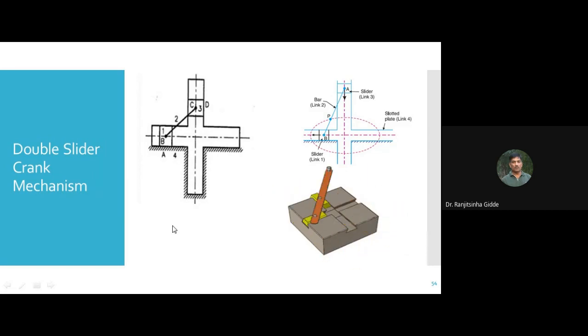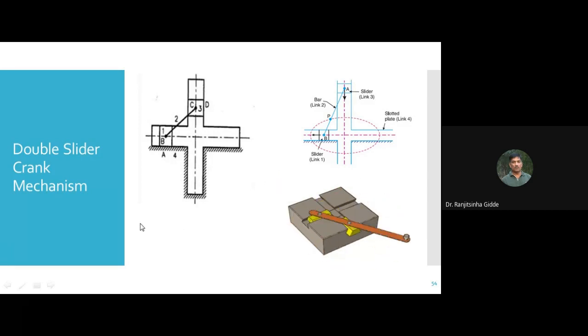That means there are two sliding pairs and two turning pairs. So a kinematic chain which consists of two turning pairs and two sliding pairs is known as a double slider crank chain or mechanism.